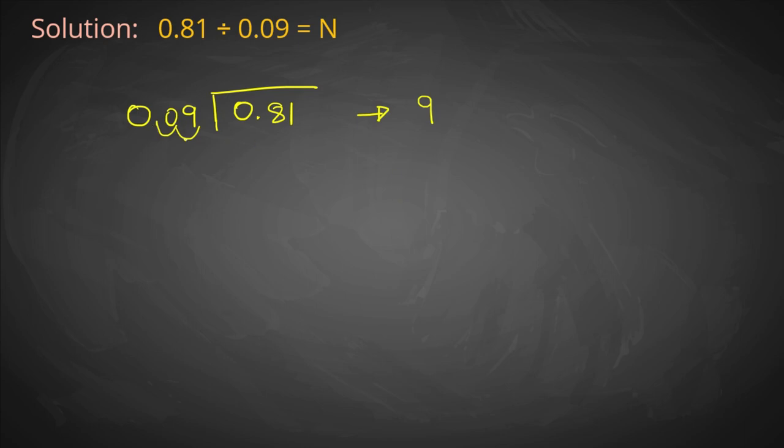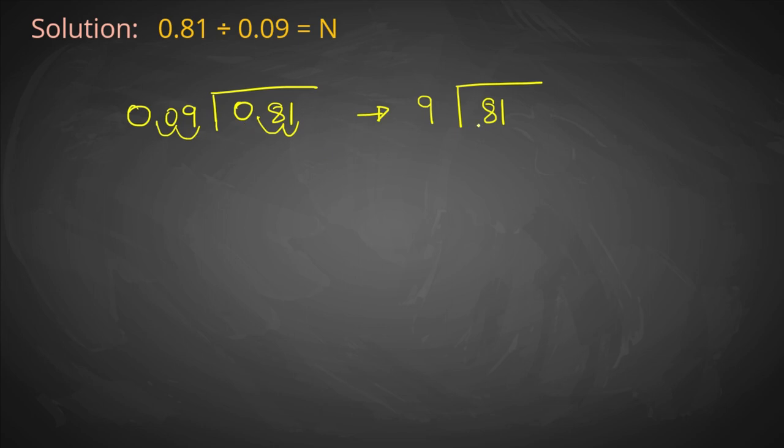Kung nag-move tayo ng dalawang places dito sa divisor, sa dividend, kailangang mag-move din tayo ng 2 places. Kung ilan yung minove sa divisor, ganun din sa dividend. So, we have 1, 2. Yung 81 hundredths, magiging 81. So, 81 divided by 9, yung kanina natin, 81 hundredths divided by 9 hundredths.